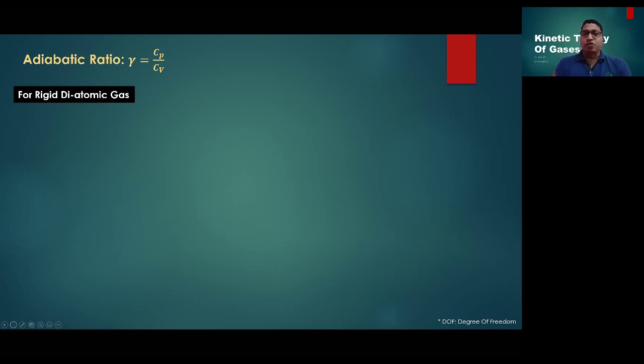Clear? So in diatomic gas, how many degrees of freedom did we study? How many was it? We are having the 3 translational degrees of freedom and 2 rotational degrees of freedom if they are rigid. If they are rigid, they cannot vibrate. So they don't have the vibrational degrees of freedom. So 3 translational and 2 rotational. So total how much? 5.